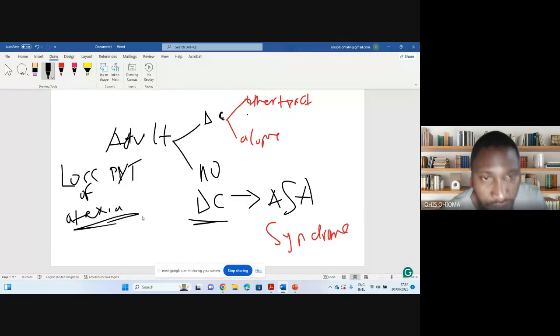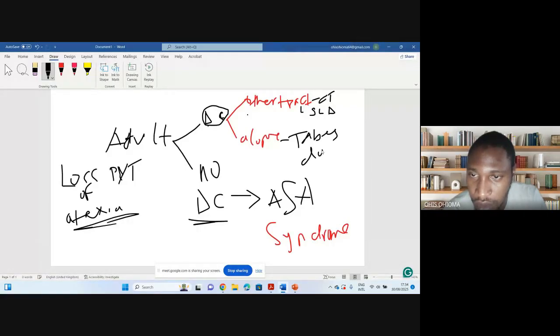If the corticospinal tract is involved along with the dorsal column, this patient has subacute combined degeneration. If it's only the dorsal column that is affected, this patient has only tabes dorsalis. And this is caused by syphilis.